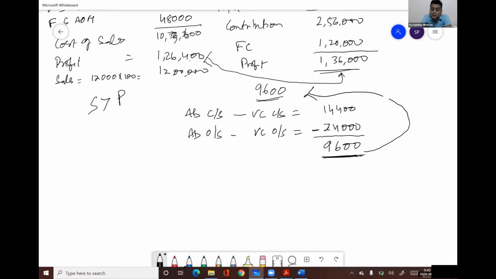The difference is on account of closing stock valuations, right? When sales units are greater than production units, then absorption costing profit will be less than variable costing.